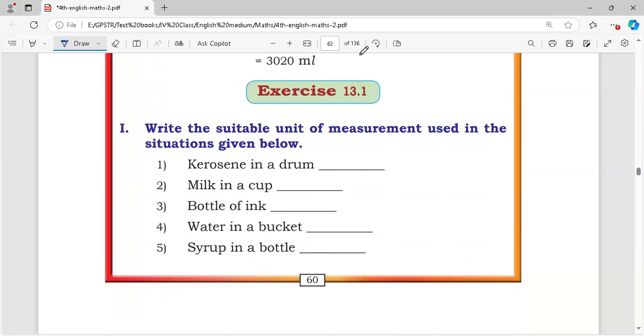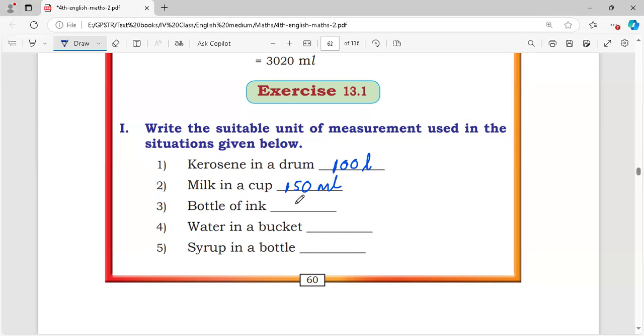See, exercise 13.1. Write the suitable unit of measurement used in the situation given below. Kerosene in a drum, 1000 liter. Milk in a cup, 150 milliliter.